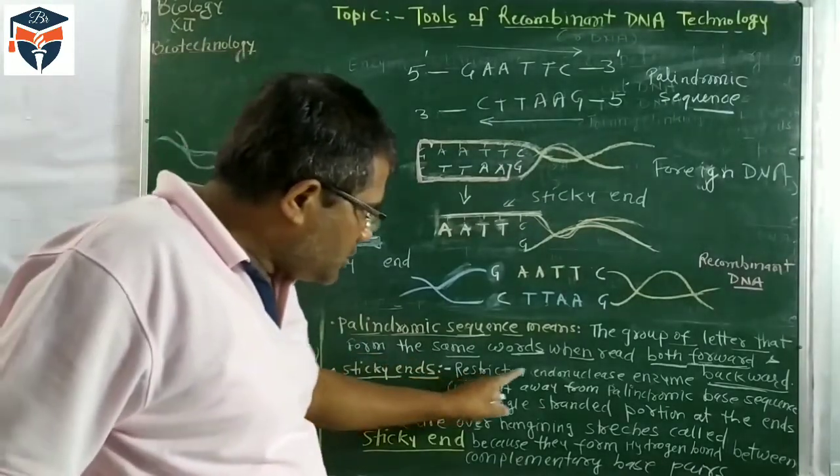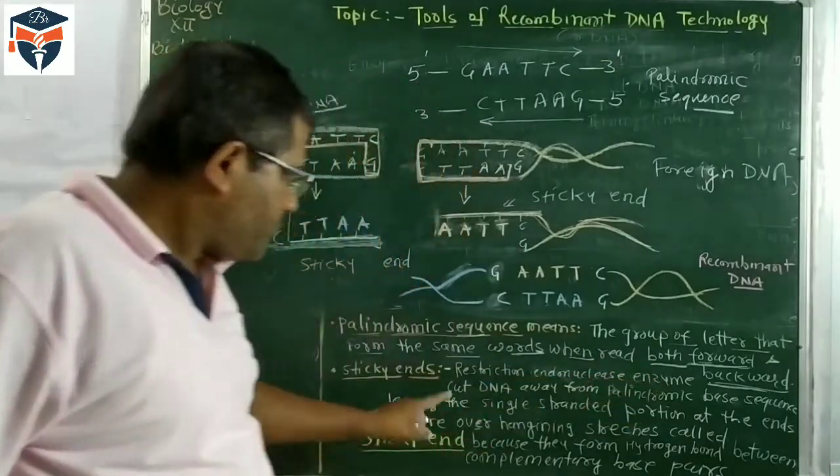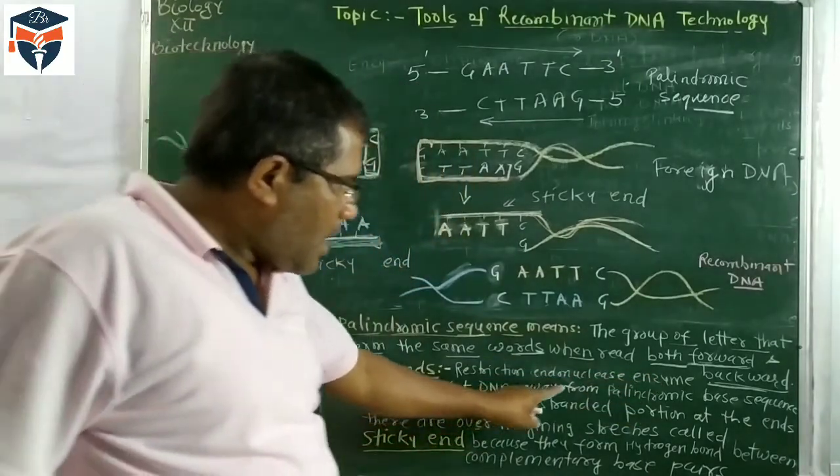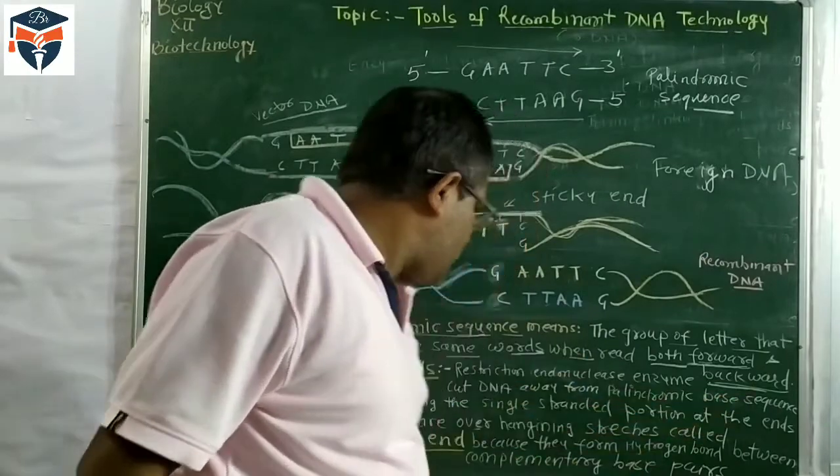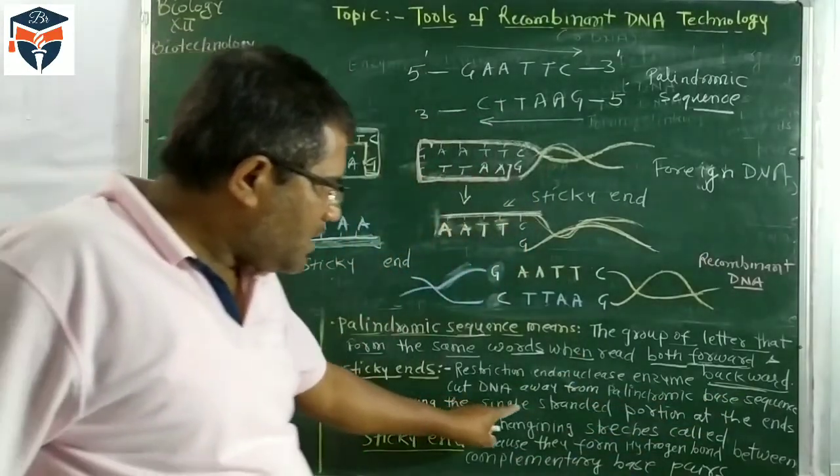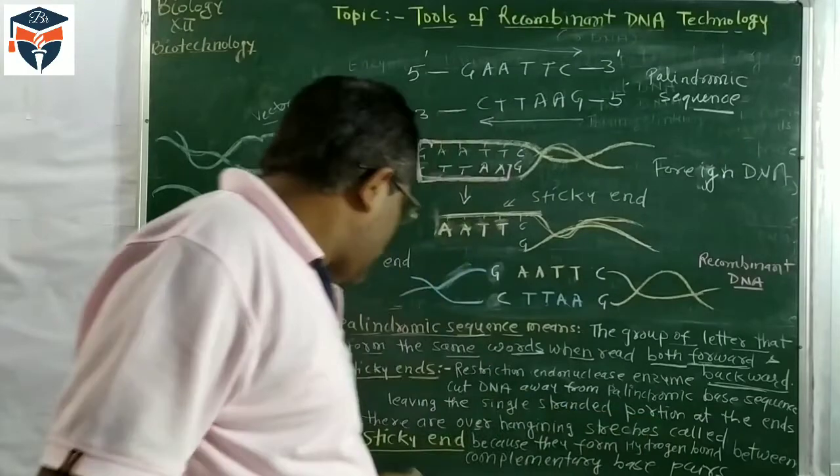So what is the definition of a sticky end? The restriction endonuclease enzyme cuts the DNA away from the palindromic base sequence, leaving a single strand portion at the end.